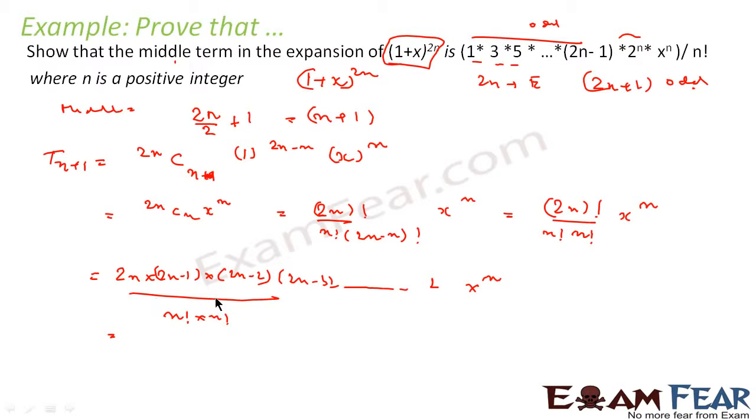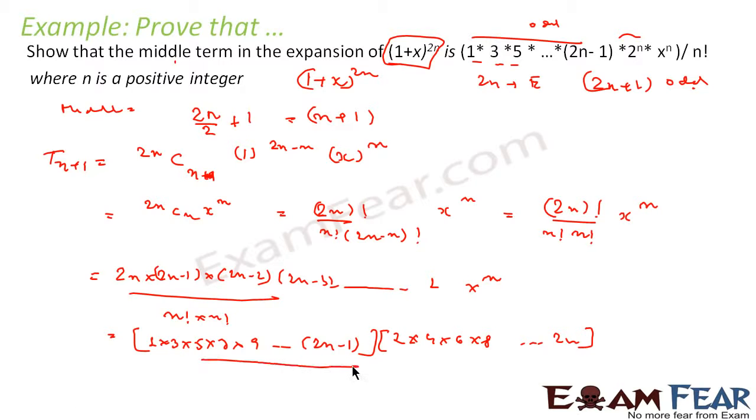We'll first separate the odd part and even part. The odd part is like this: 1, 3, 5, 7, 9, till 2n minus 1, because 2n is an even number. This into the even part: 2, 4, 6, 8, till 2n, by n! into n!, and here we get x^n.